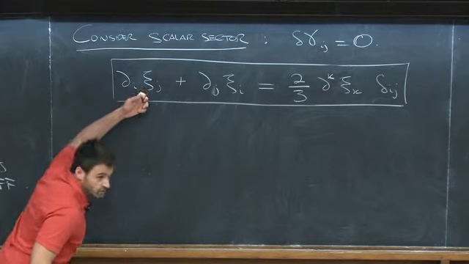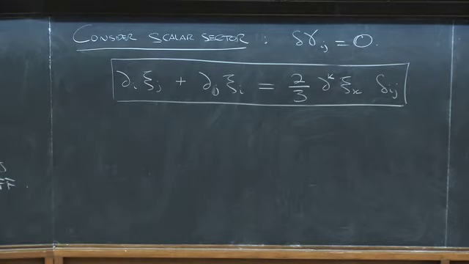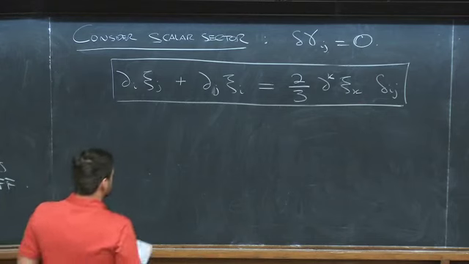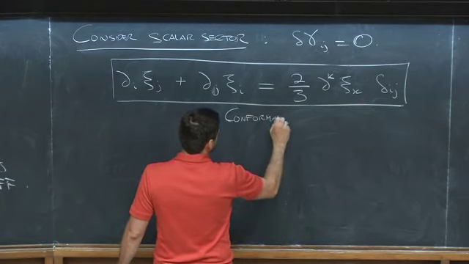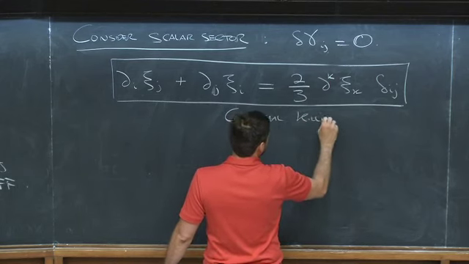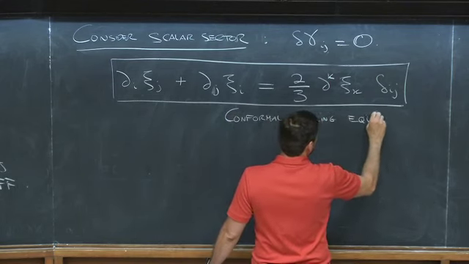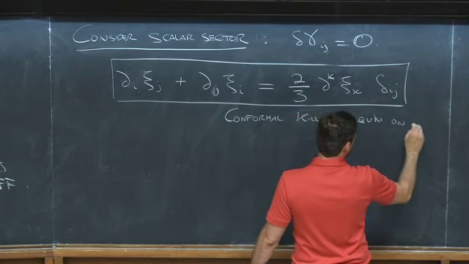And of course, by taking the divergence of this, I'll reproduce this guy. But now it's a stronger statement. So who recognizes this equation? It's a well-known equation. Excuse me? It's a conformal Killing vector on R3. That's right. So this is the conformal Killing equation on Euclidean 3-space.